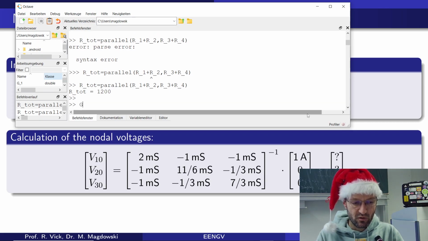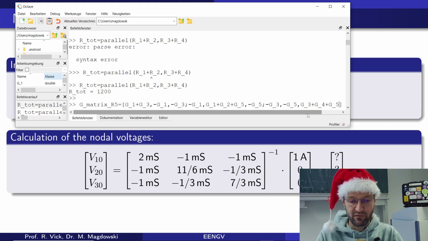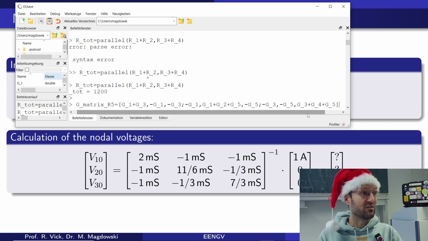So our G matrix, including the resistor R5: here we need to have a G5, here instead of the 0 we need a minus G5, here a minus G5, and here a plus G5. That's really an advantage of this method.